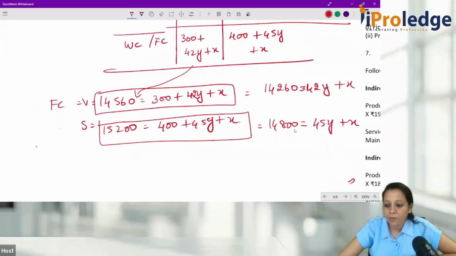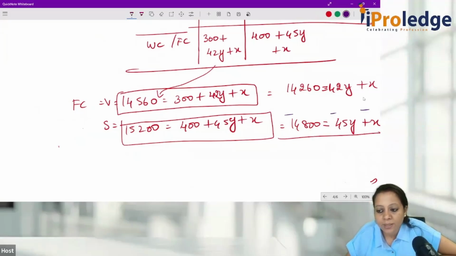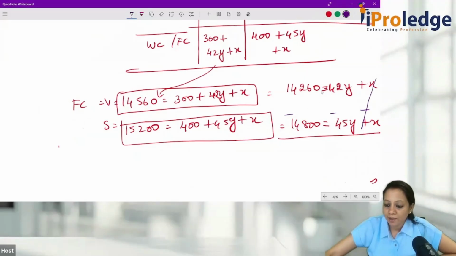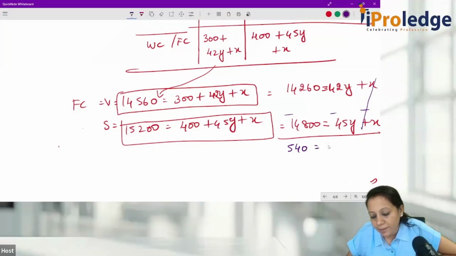Now we will subtract the two equations. X and X will get cancelled. In that case, 14,800 minus 14,260 is going to be 540, which is equal to 3Y. So 540 divided by 3, Y is equal to 180.